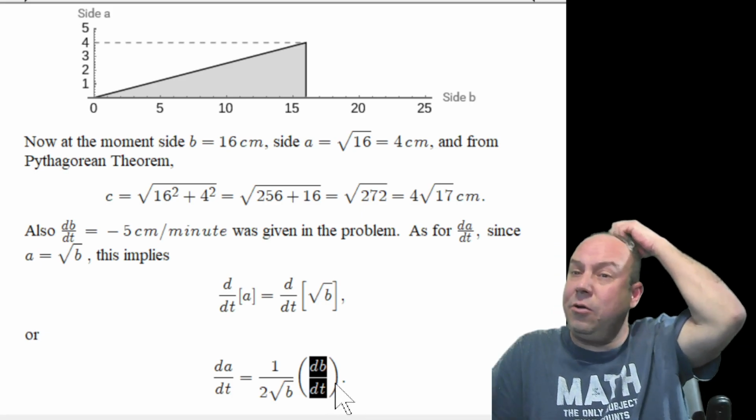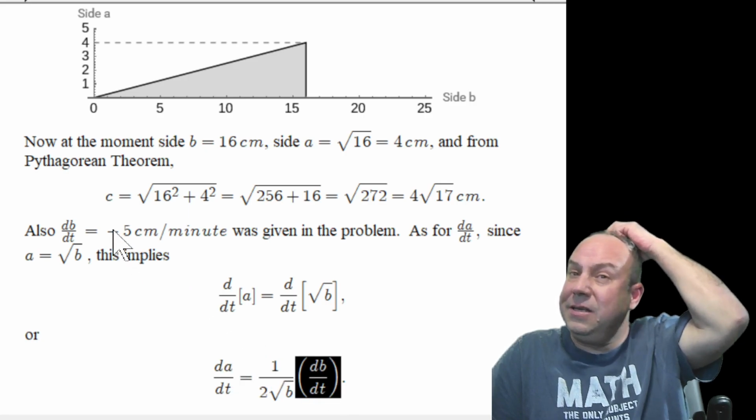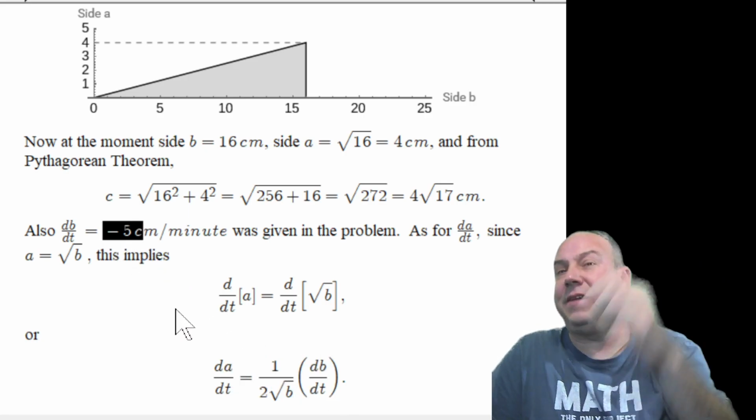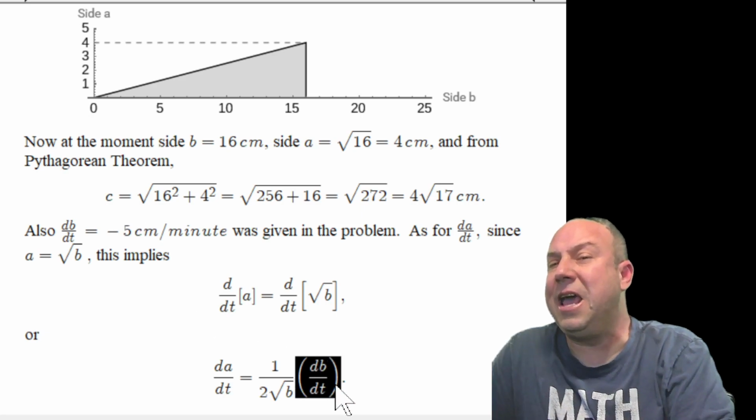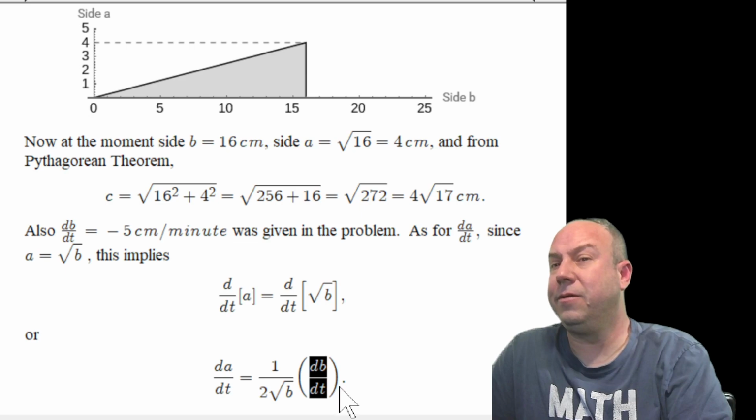So if I know dB dt is decreasing at 5 centimeters per second, and I substitute in negative 5 here, I know dA dt would be equal to negative 5 over 2 times the root of B. And it would depend upon the size of B.